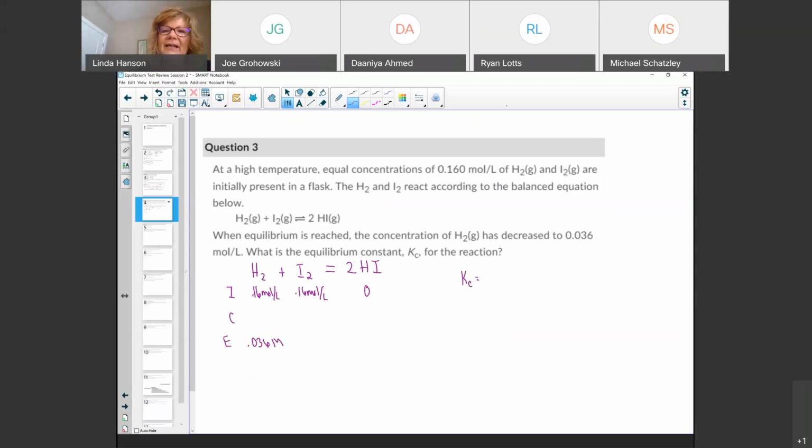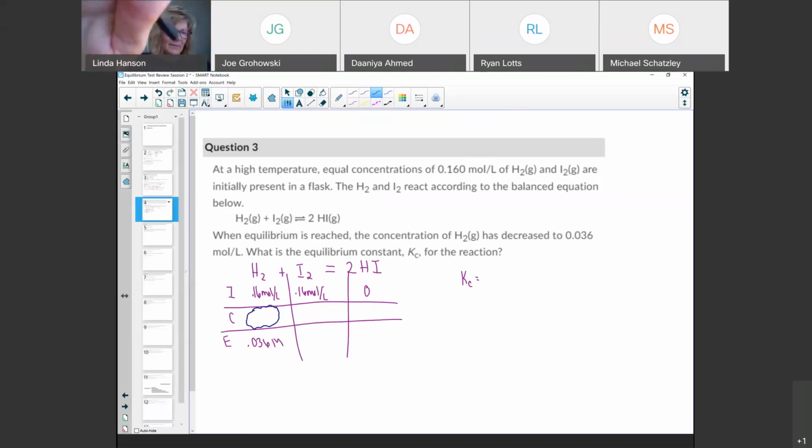So I can say initially and at equilibrium, I have 2 pieces of information related to hydrogen, and that lets me easily fill out this particular box for the change row in hydrogen. And then I know I can use that to figure out all of the other components.